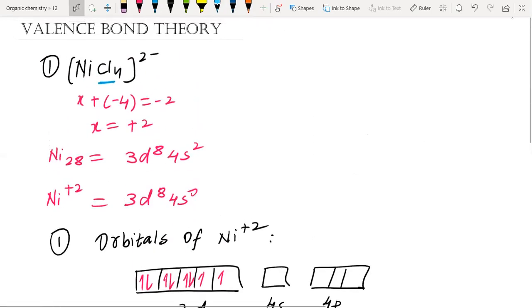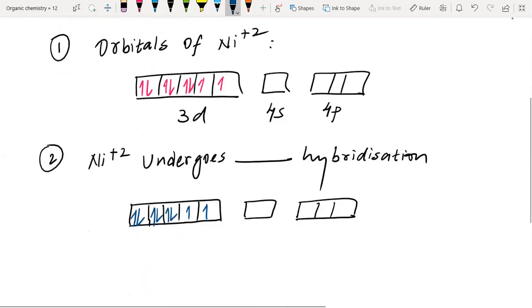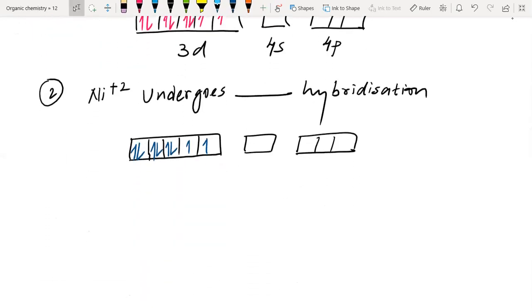Now, as we know, 4 chloride ions donate 8 electrons, and for 8 electrons we require 4 orbitals, and 4 orbitals are available here.